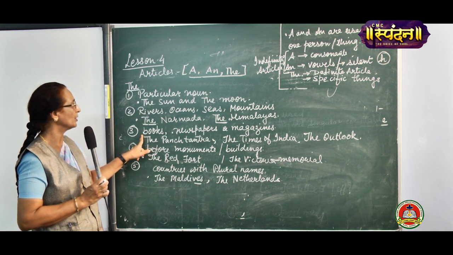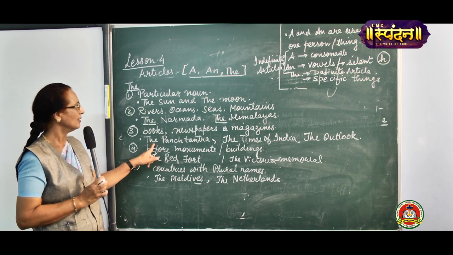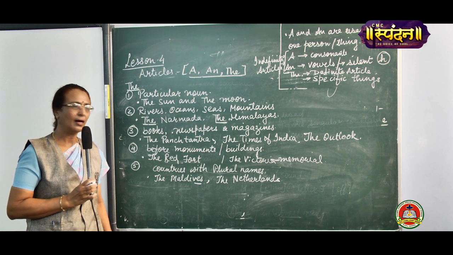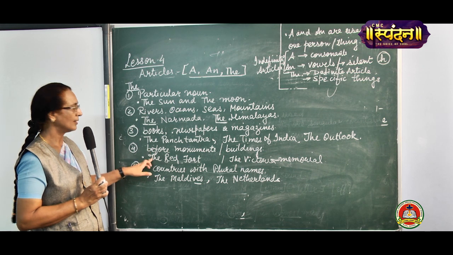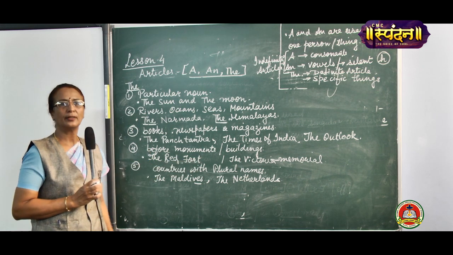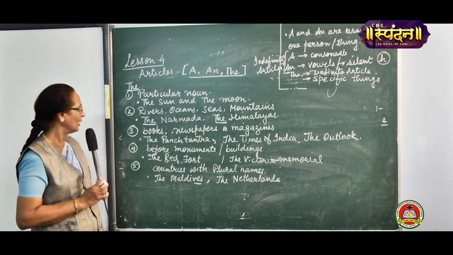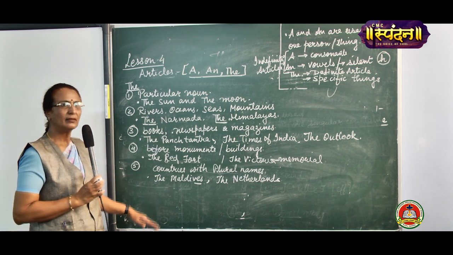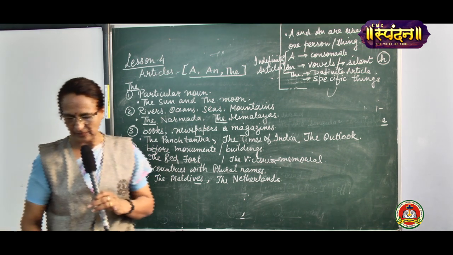It is used before books, newspapers, magazines: the Panchtantra, the Times of India, the Outlook. It is used before monuments: the Taj Mahal, the Red Fort, the Victoria Memorial, the Parliament House, and important buildings. It is used before countries with plural names: the Maldives, the Netherlands, the Philippines.